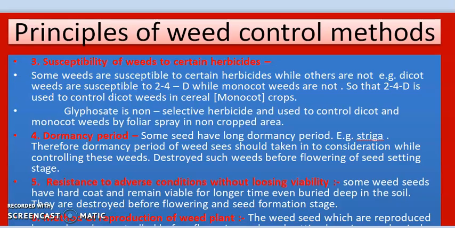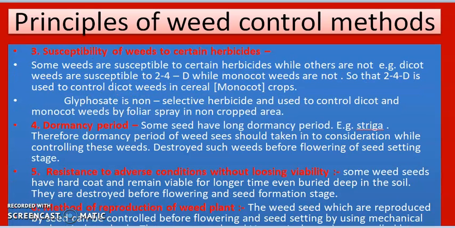The seeds of striga remain in dormant condition for long duration. Then the water hyacinth can remain in dormant condition for 12 to 15 years. So these weed plants, which have a long dormancy period, are controlled before the flowering stage.